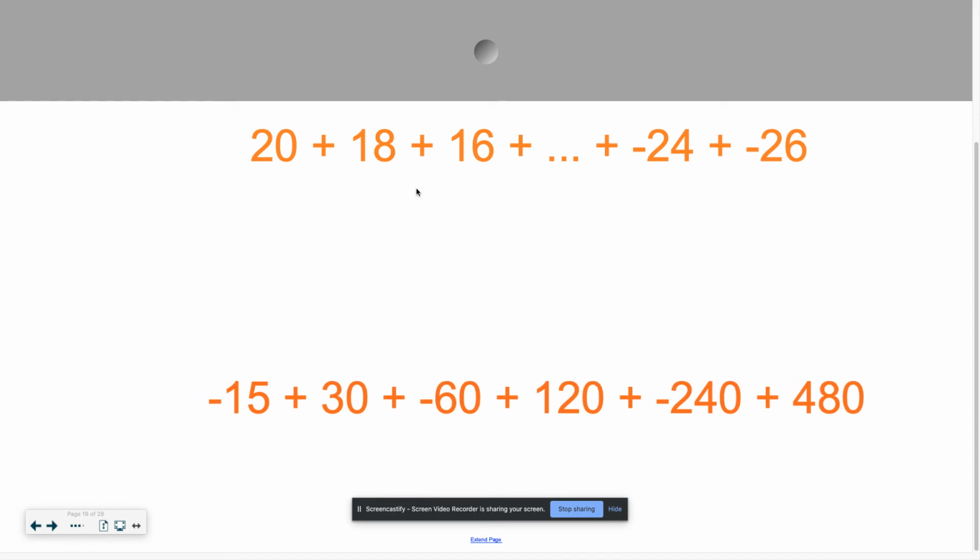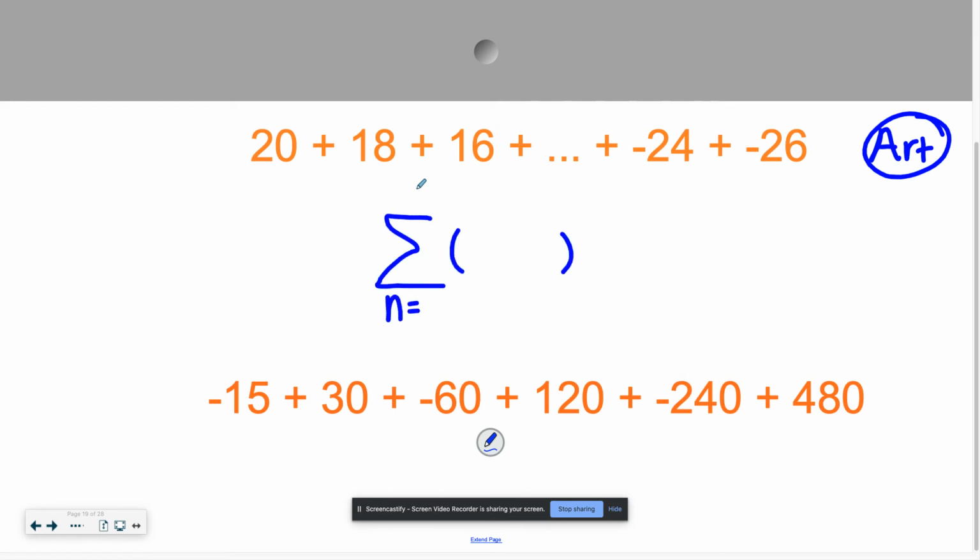So if I notice, I am subtracting 2 each time, or adding a negative 2. So in my mind, I know this is arithmetic. So if I know I need this much information and I need a formula. So first I need to find the formula.